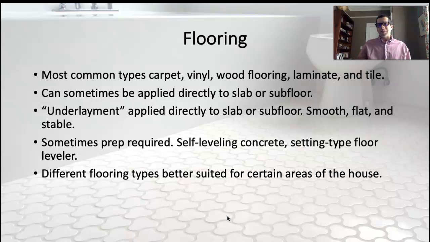So let's say, for example, you're going to have tile in one room. You're going to want to put down a special kind of underlayment called tile backer, some kind of cement board that's 1/4 of an inch thick. And then you add at least 1/4 of an inch for tile on top of that. You've added 3/4 of an inch to the subfloor.